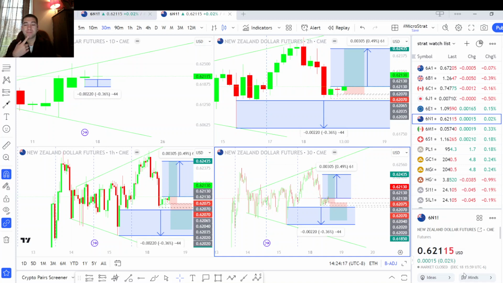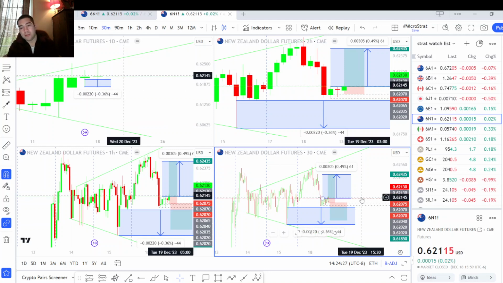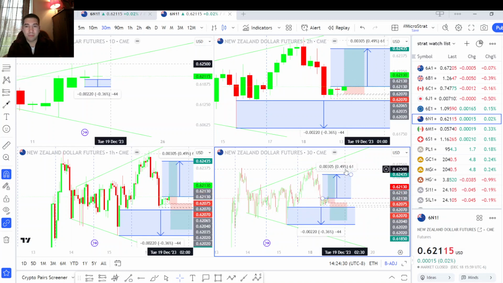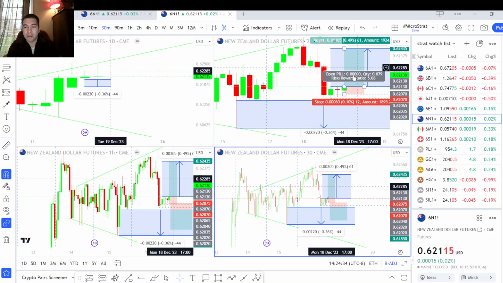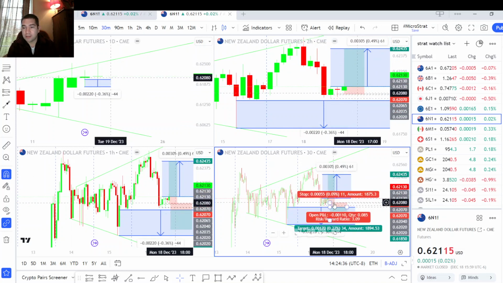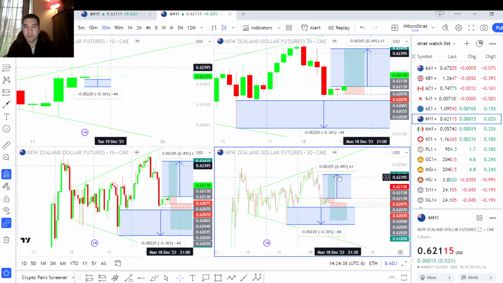So 7 p.m. Central Time is really when the most volume comes in for the Tokyo session, or the Asian session. And right now it's at a good point. You could probably take this long trade to right as the Asian session opens.